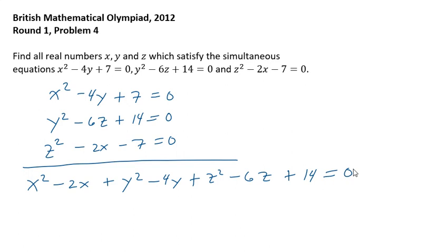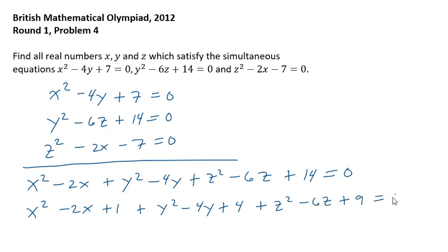Now, we can actually split 14 into numbers 1, 4, and 9 so that we can complete the squares. In particular, we can have x squared minus 2x plus 1 plus y squared minus 4y plus 4 plus z squared minus 6z plus 9 equals 0.